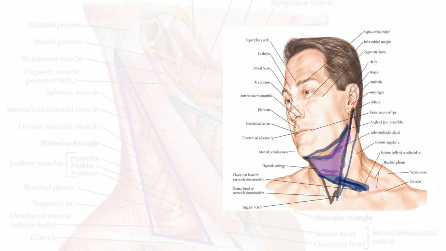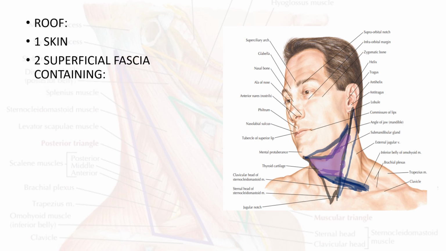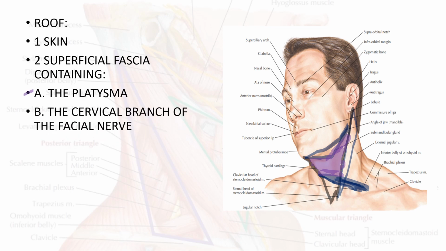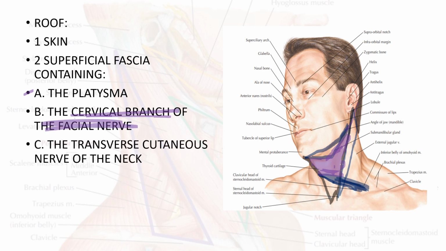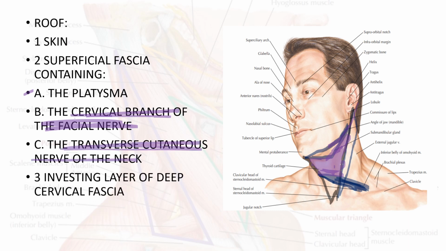Now roof, again सबकी roof में skin होगी बच्चों. Skin, then superficial fascia, that is the platysma and the muscles. Here we have the cervical branches of facial nerve. यहाँ facial nerve की supply होती है. We know facial nerve के अलग lecture हैं, you can watch that lecture. Then transverse cutaneous nerve of the neck. Then the investing layer of the deep fascia. पूरी neck को बच्चों ये fascia cover करता है like this.